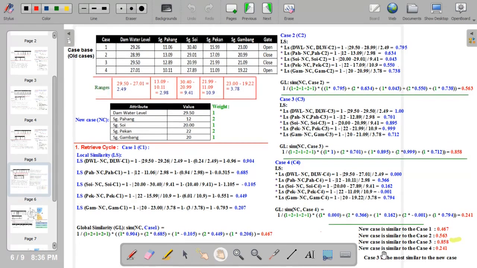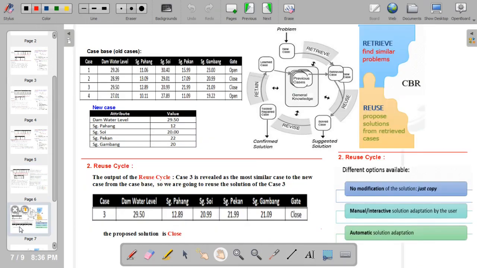So now, by having this outcome where case 3 is found to be the most similar case to the new case, we will go to the second cycle of CBR, which is reuse, where we have already got case 3 as the most similar case from the case base.